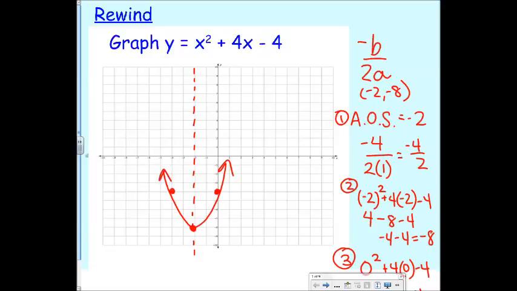Because if you plug in 0 for these first ones, what's always going to happen? It just goes away. So most of you started figuring that out and didn't even do the plug-in work because you just said, well, that's 0, that's 0. So this ends up being your y-intercept. So you don't even need to plug in 0 necessarily because you know that your y-intercept is just going to be whatever the C value is.